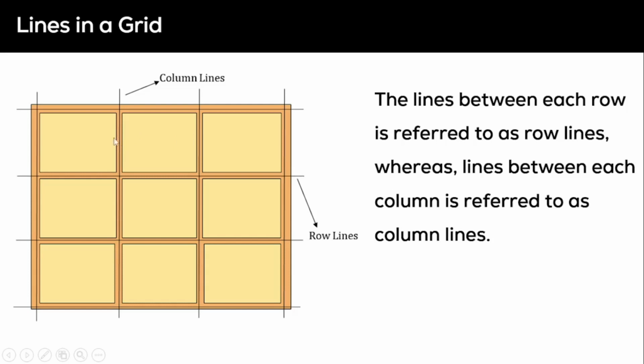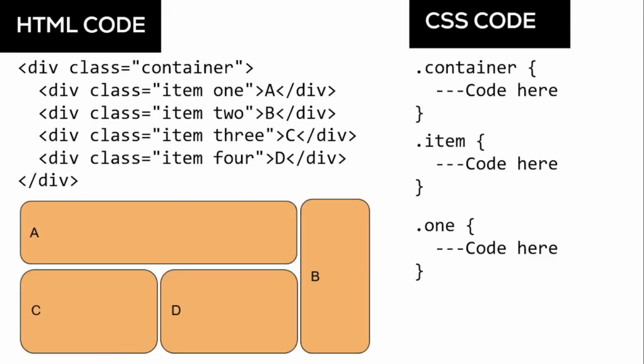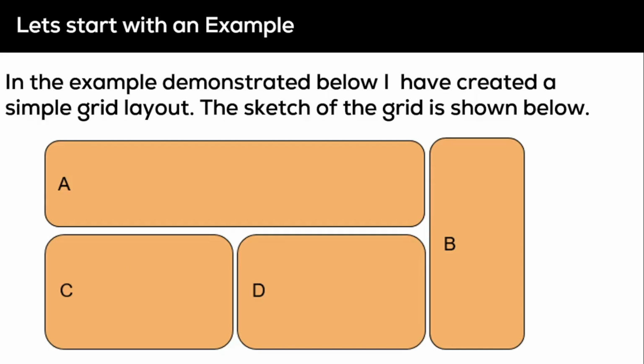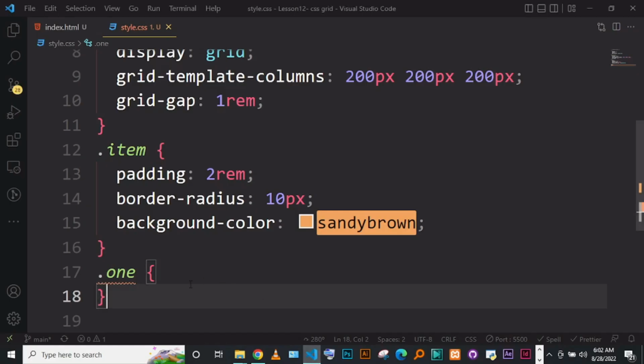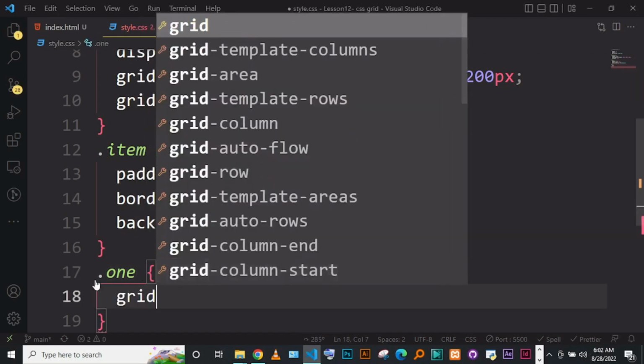So the A item is occupying from column 1 to column 3. So what I do is I come here and I say this is occupying grid column.